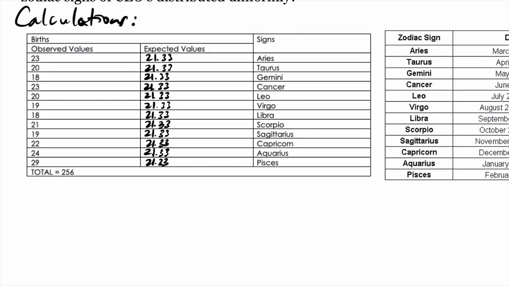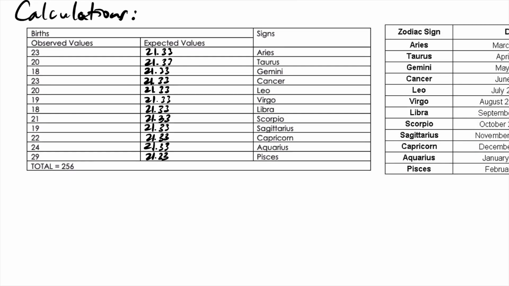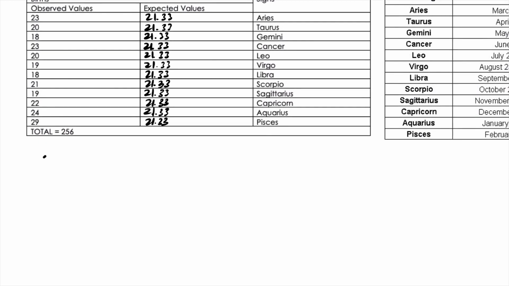Now we're going to do chi-square. This one has more, so I'm going to show you the calculator. To calculate chi-square, we find the summation of observed minus expected squared over expected.